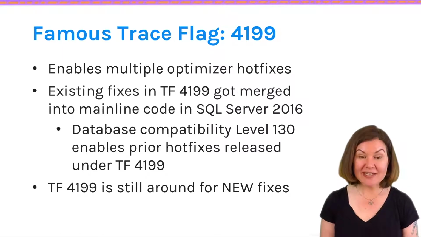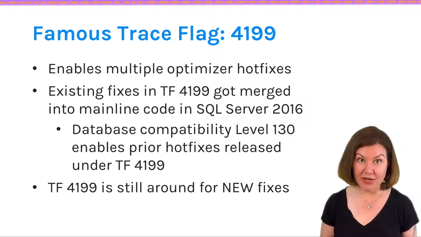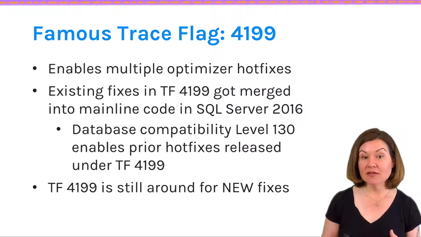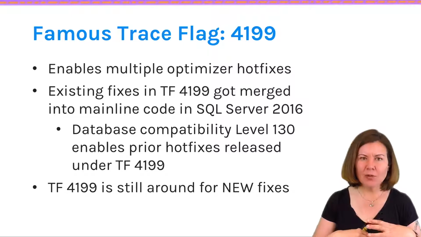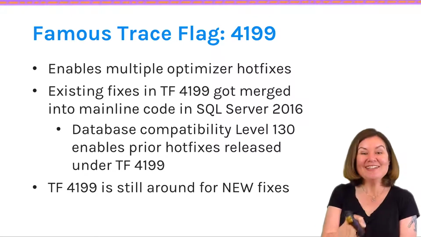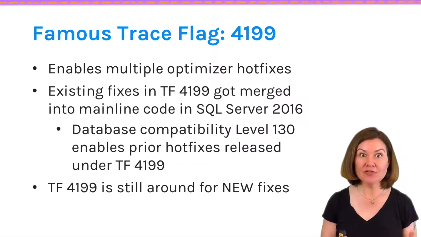On SQL Server 2016, if you set your database compatibility level to 130, latest and greatest, then you will get all of the hotfixes that were ever rolled into 4199 before SQL Server 2016. You don't have to enable the trace flag, in other words.